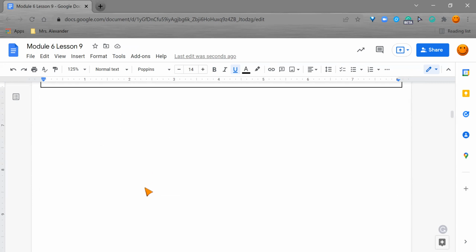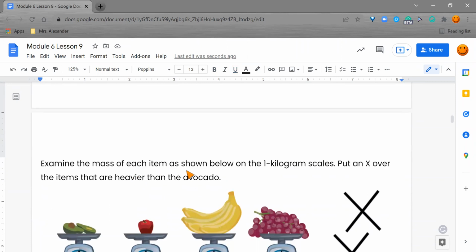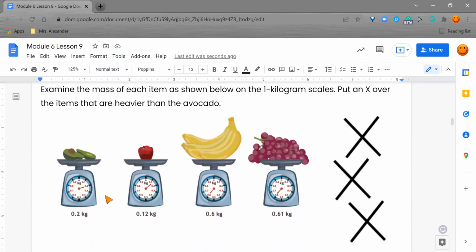Let's move down to the next part of our example. It says, examine the mass of each item shown below on the 1 kilogram scales. Put an X over the items that are heavier than the avocado. So it looks like the avocado is 0.2 kilograms. So which ones are heavier than the avocado?